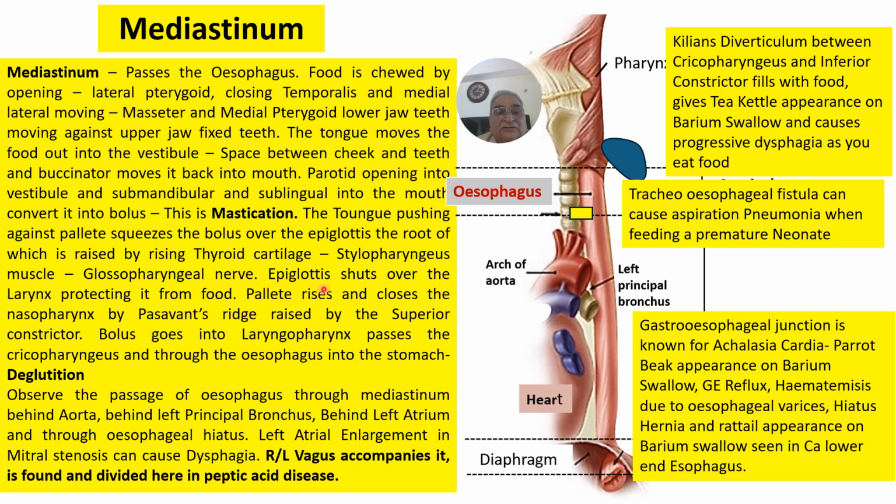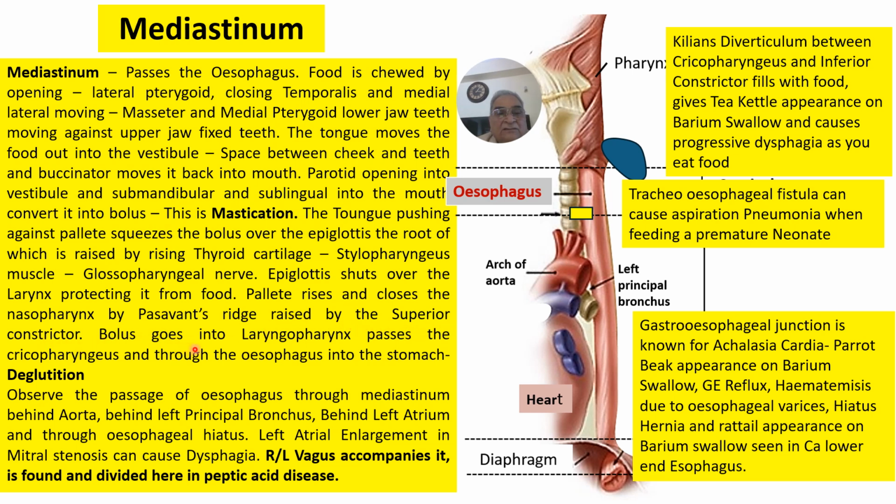So this shuts the epiglottis over the larynx, and no food can go into the larynx. The soft palate will rise up and close the nasopharynx against a ridge called Passavant's ridge, which is created by the innermost fibers of the superior constrictor.